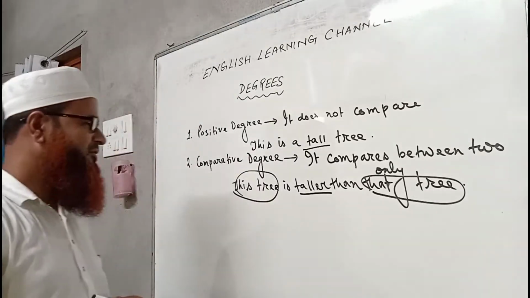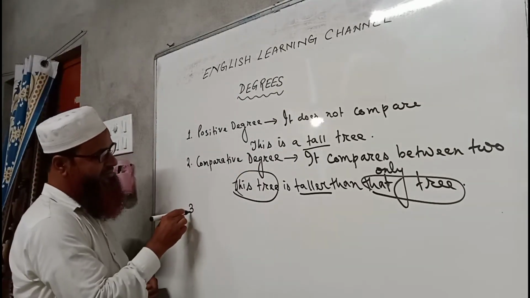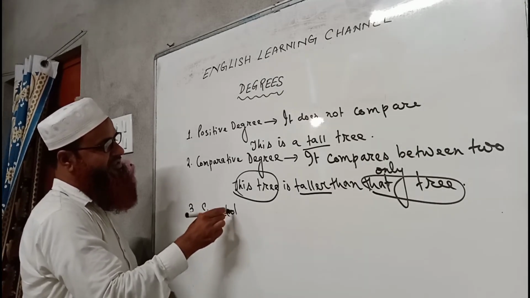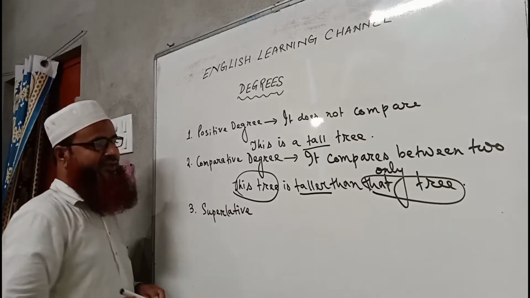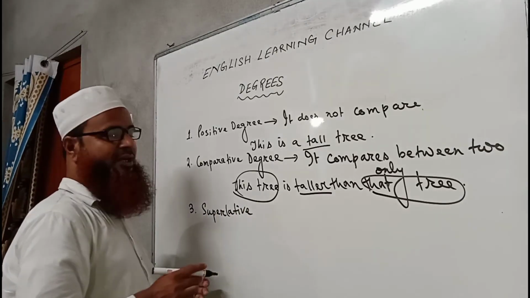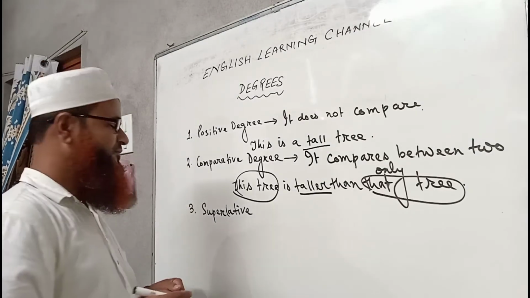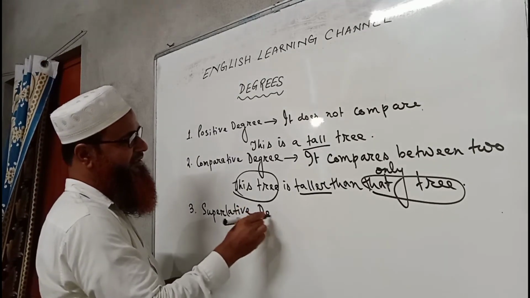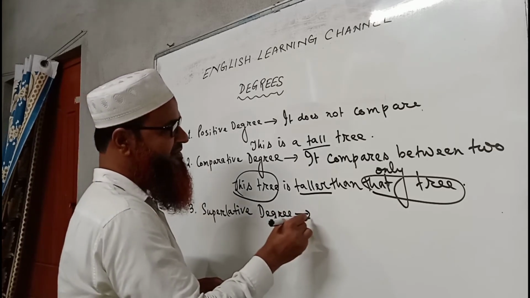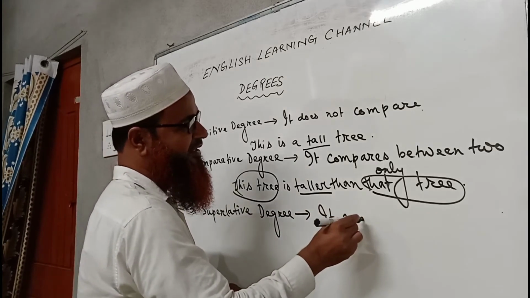Now number 3, we get superlative degree. The name itself indicates that it compares among more than two. Superlative degree, and the name itself is its identity.